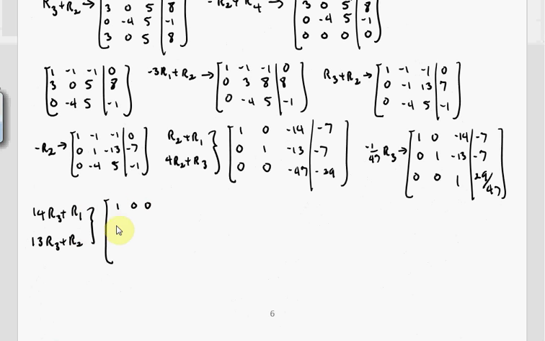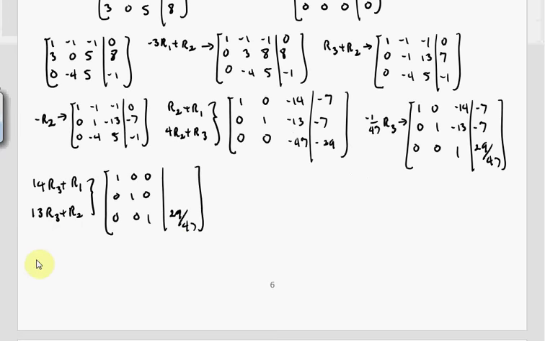It gives us the identity matrix here, but there's some work on the other side. So the first thing we said was 14 times the 29 over 47, and then that's going to be minus 7.